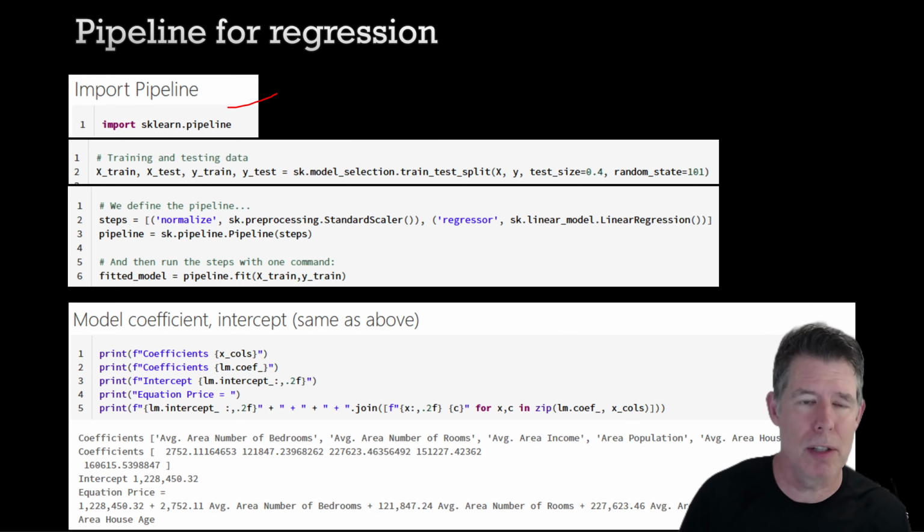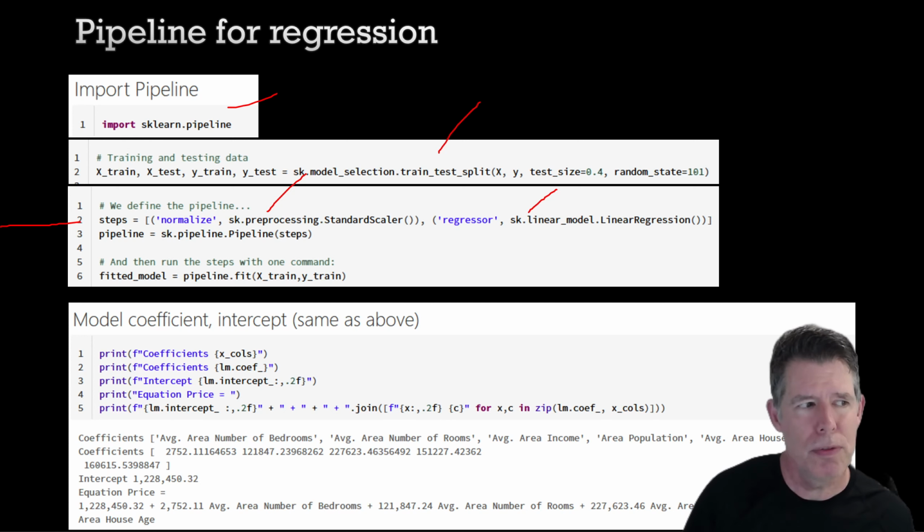So we're going to use the sklearn pipeline eventually, after doing it without the pipeline. We'll split up our data into training and test data. And with the pipeline, we're going to do a couple steps. Just for the sake of demonstration, I have a normalization step doing the standard scaler, followed by the linear regression I introduced before.